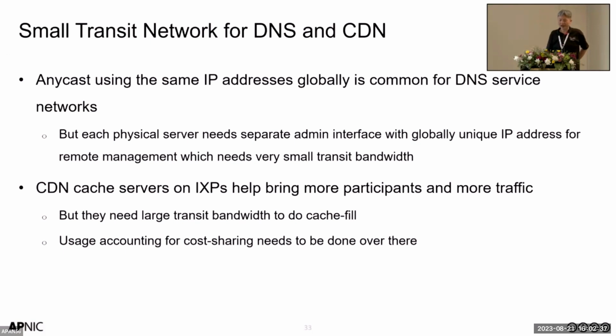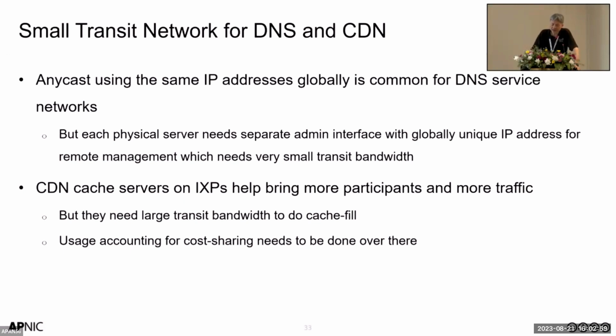Like for anycast, you probably would know DNS now runs a lot on anycast, meaning that they have multiple servers running the same IP addresses all around the world. It will rely on the routing to help you choose the closest server.